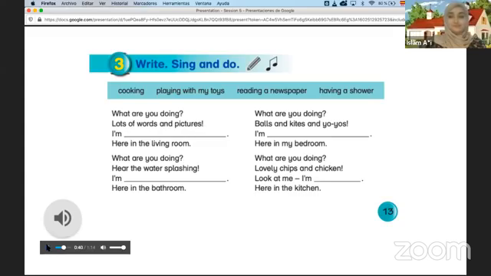What are you doing? Balls and kites and yo-yos. I'm playing with my toys here in my bedroom. What are you doing? Lovely chips and chicken. I'm cooking chips and chicken here in the kitchen.